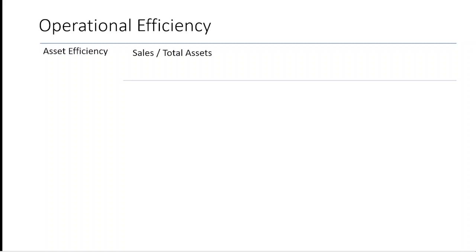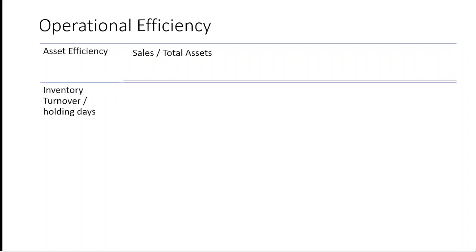Ideally, sales divided by fixed assets is considered the most useful ratio, because cash will not generate sales. Inventory does generate sales, but debtors do not generate sales. Advances do not generate sales. Intangible assets do not generate sales. So you have to use the assets which are useful in generating sales only, right? Otherwise, the asset turnover ratio will be biased.